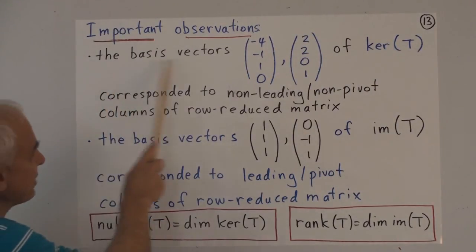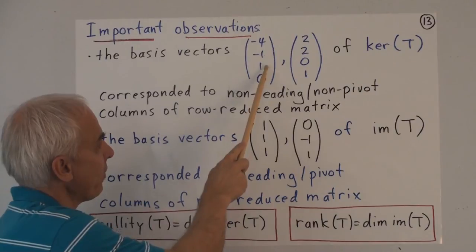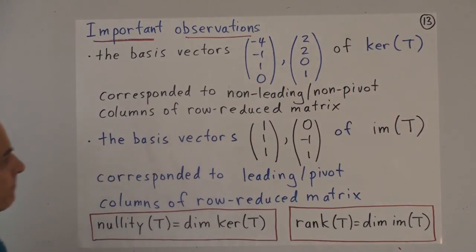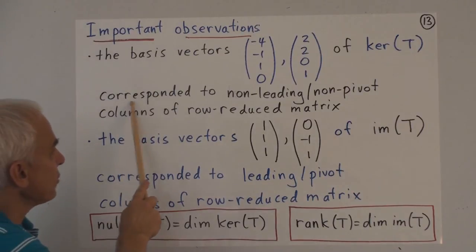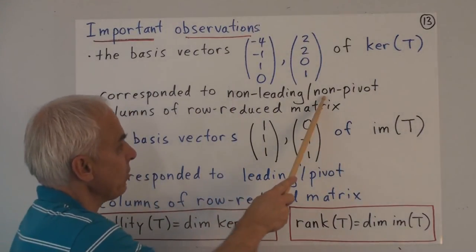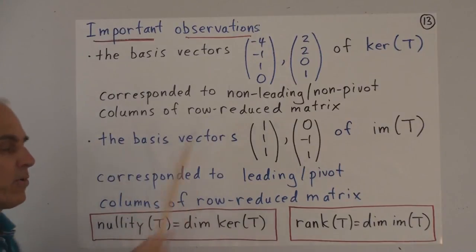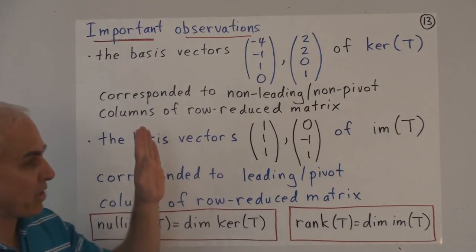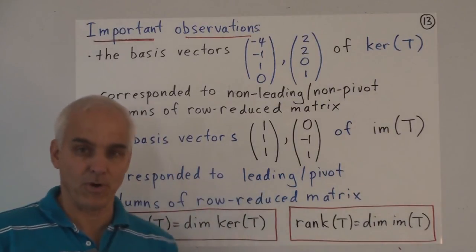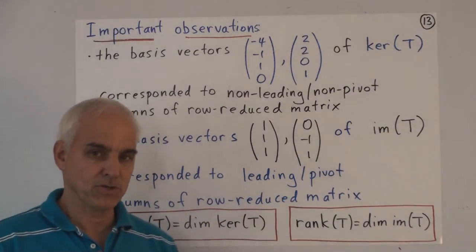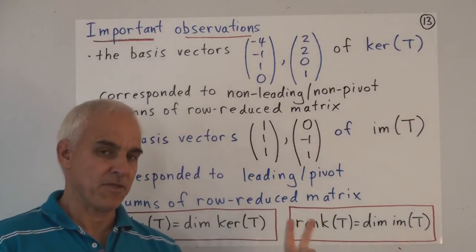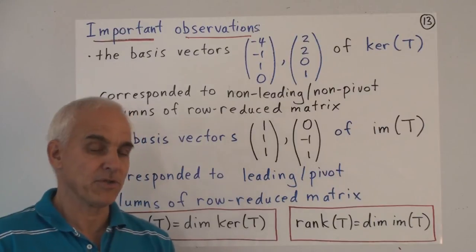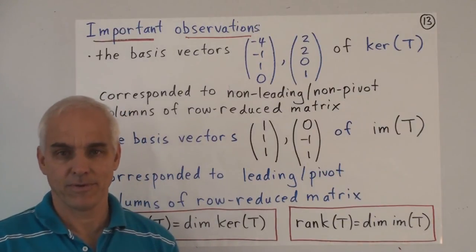So the first is that the basis vectors minus 4, minus 1, 1, 0 and 2, 2, 0, 1 of the kernel of T, these vectors corresponded to the non-leading or non-pivot columns of the row reduced matrix. Remember, we were solving the equation A times v equals 0. And we row reduced, and we saw that the third and fourth columns were non-leading columns, so they had to be assigned parameters.